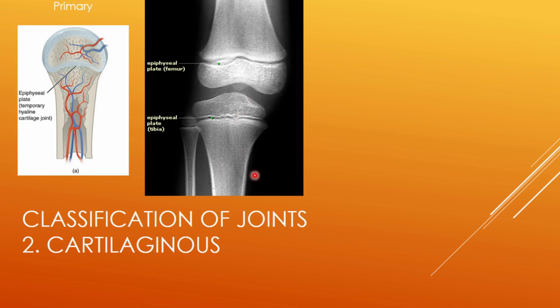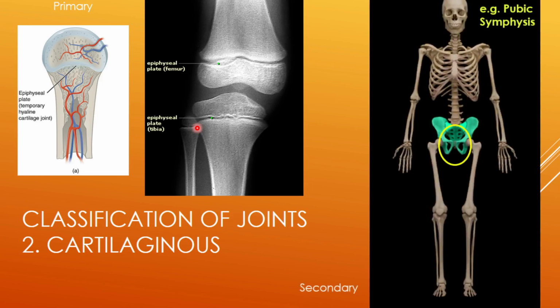The same can be seen on the tibia here, epiphysis, the diaphysis and the growth plate between, and even on the fibula here, there's the epiphysis, there's the diaphysis, and the line between is a primary cartilaginous joint. It's the growth plate. Then the second subdivision of cartilaginous joint are secondary cartilaginous joints.